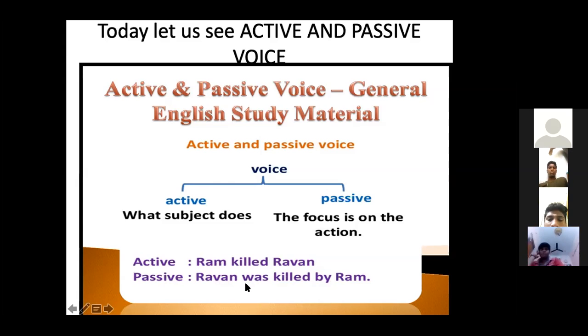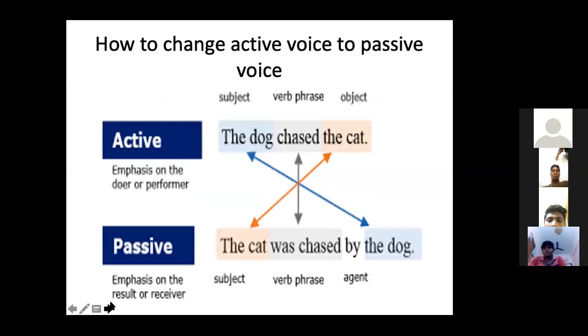Apart from that, the past participle form of the verb is used, by is used, and the be form of the verb is used according to the tense. Okay. See here. Now, what you have to do while changing the active voice into the passive voice.